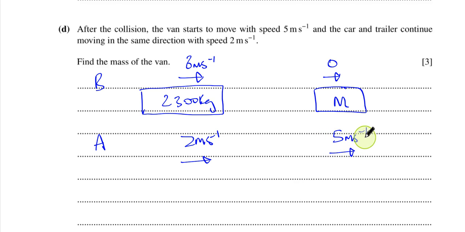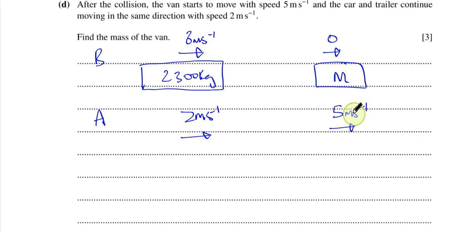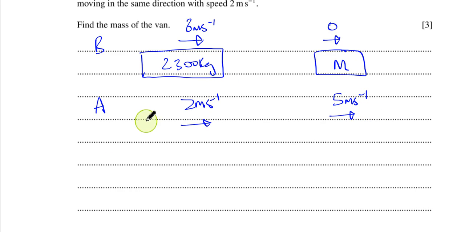And the van, of course, will move in this direction at a speed of 5 meters per second. So we've got to find the mass of the van, so we can use the conservation of linear momentum. The momentum before the collision and after the collision will be exactly the same. Before the collision, I've got the mass of the car and trailer, 2,300, times the velocity 8, and for the van, it's the mass times 0.